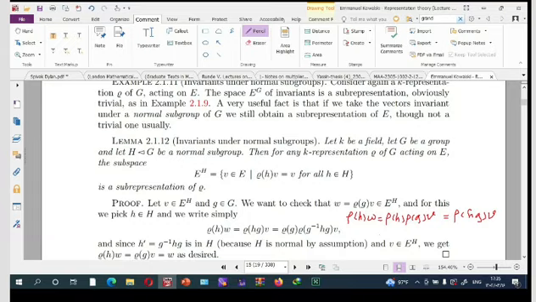And this is equal to rho of g g inverse hg, because this is the identity element, and this is equal to rho of g multiplied by rho of the inverse of g h g of V.